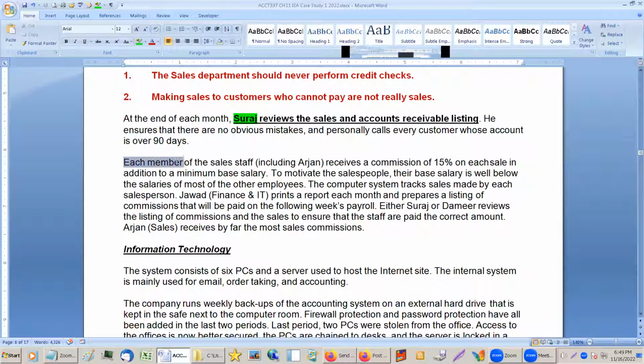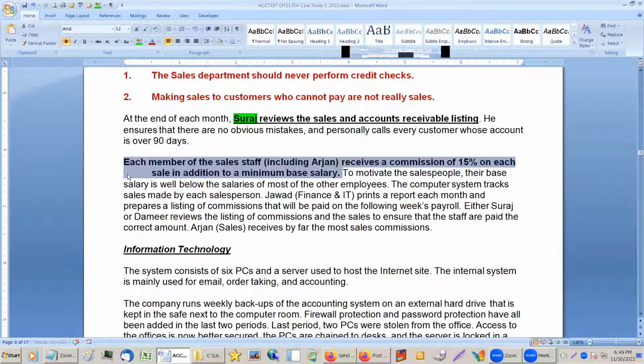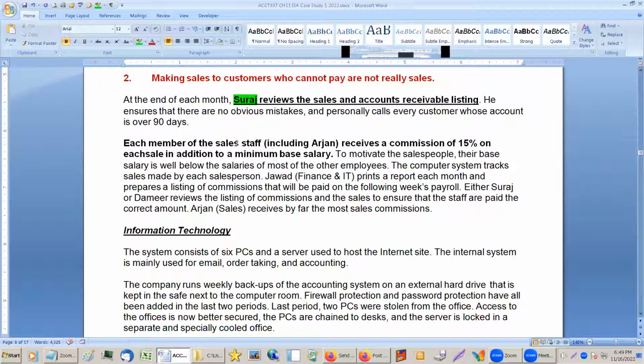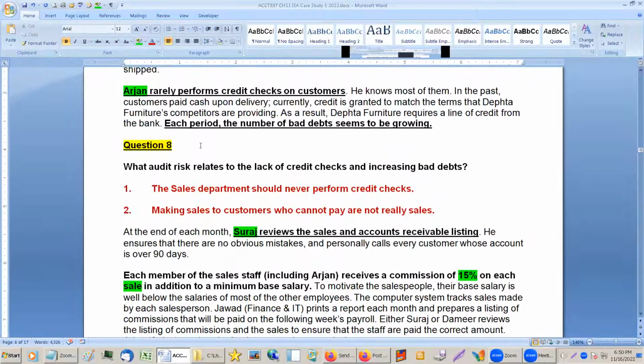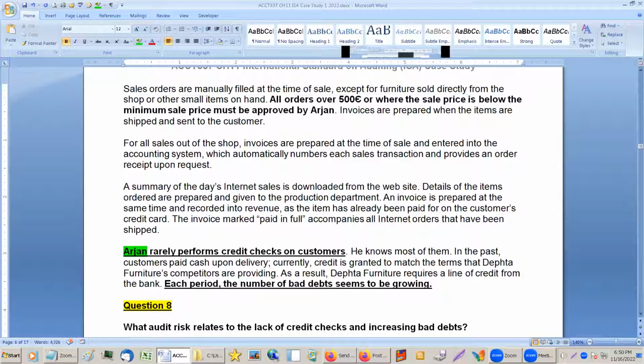Okay. Let's see here. Each member of the sales staff receives a 15% commission on the sale. Okay, so getting back to up here, the sales price is below the minimum sale price must be approved by Arjan.